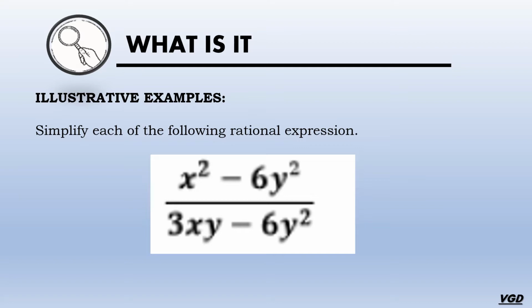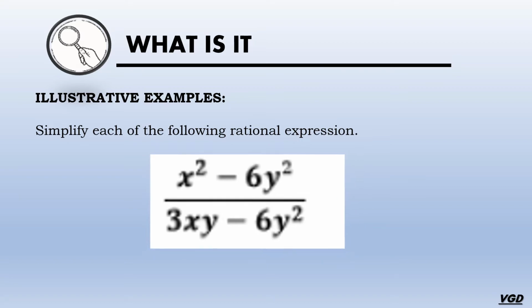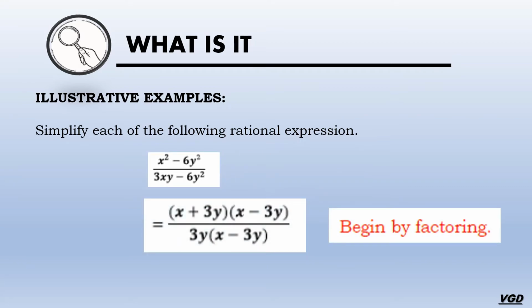Now, let's have number 2. Our rational expression is x squared minus 9y squared over 3xy minus 9y squared. Once again, you have to remember your knowledge in factoring.